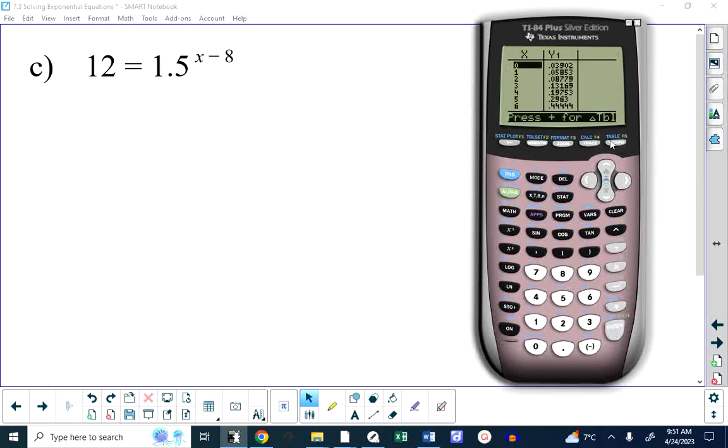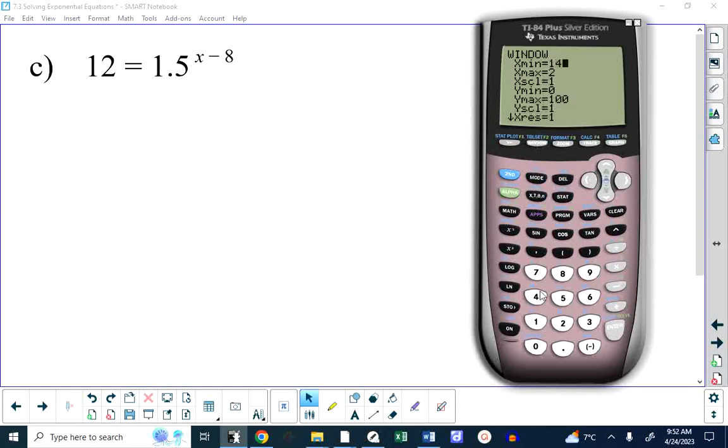Now when I go here in my table, I'm looking for y1 to be 12, and I can see that I probably have a fair ways to go here. Well, not so bad. I don't have to scroll very far to determine it's between 14 and 15. So now I can narrow things down.